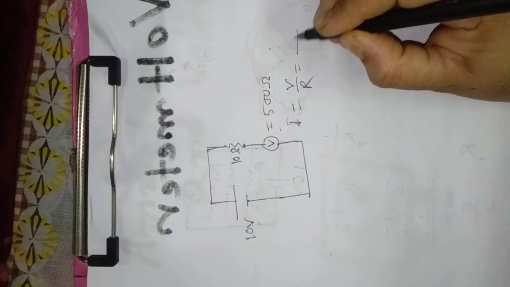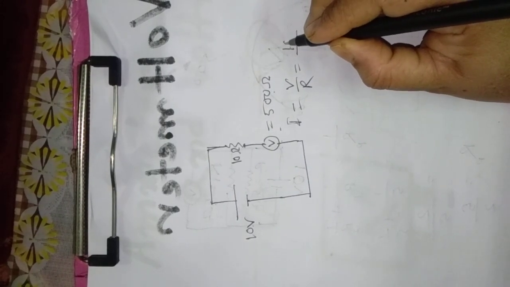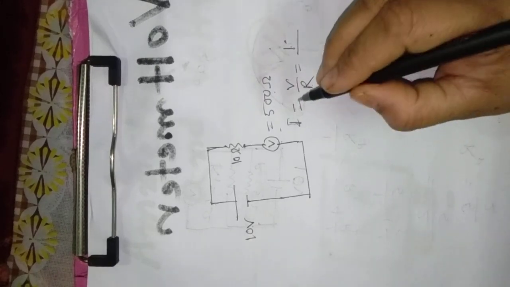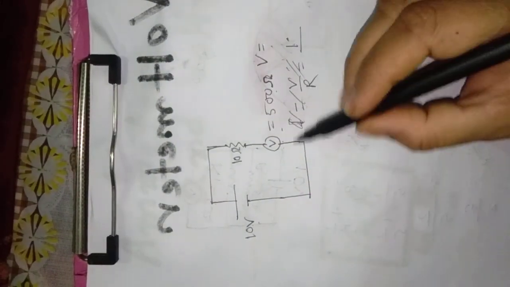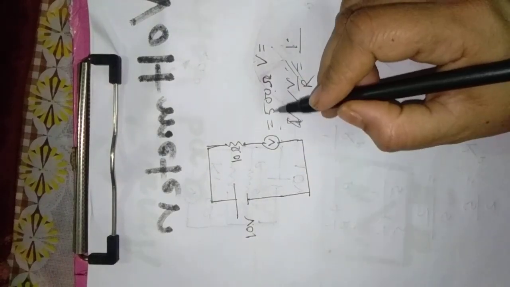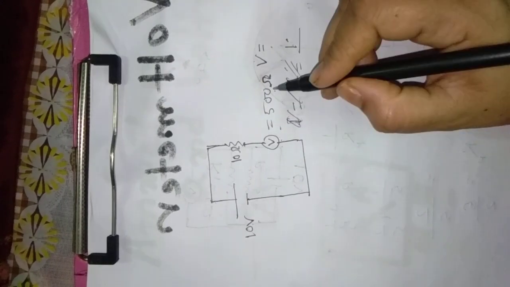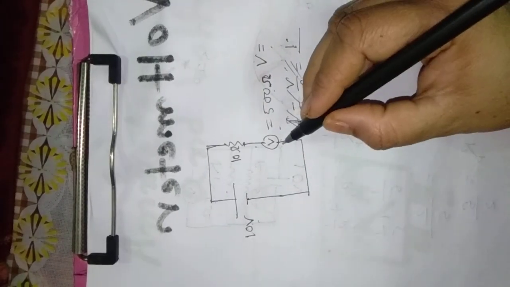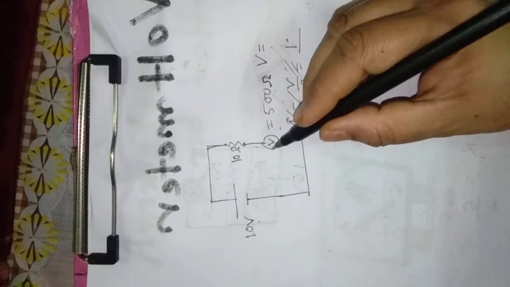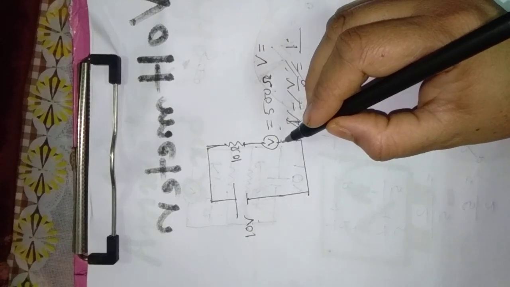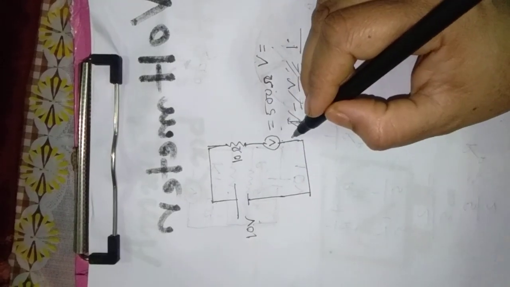Suppose 500 ohm is the internal resistance of this voltmeter, and the voltmeter is connected in series connection. Then if I want to measure the voltage, what would happen?